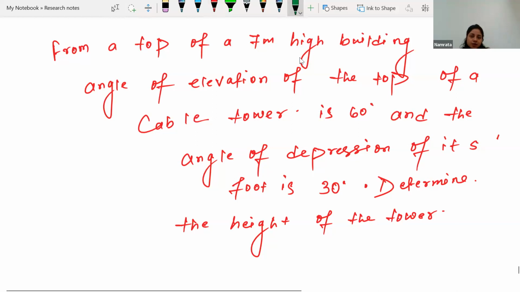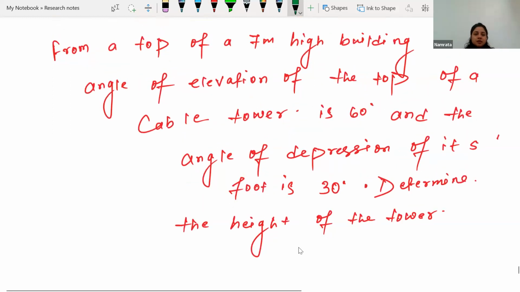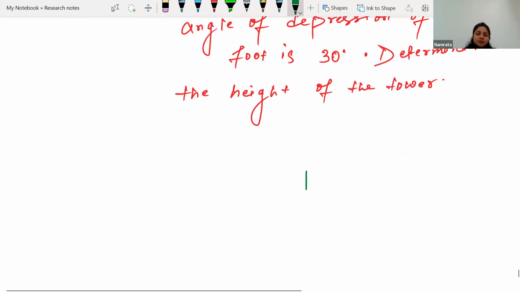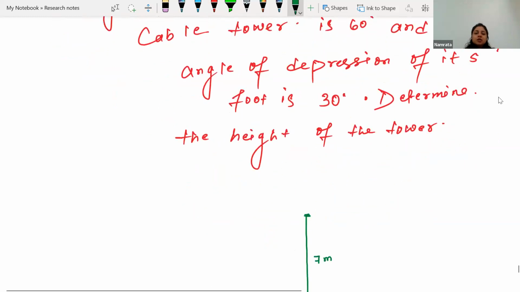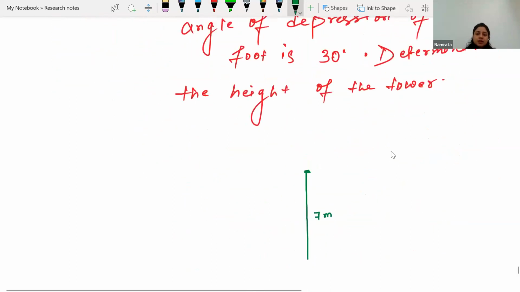Okay. So from the top of a 7-meter high building, if we are having a 7-meter high building like this, from the top of it, the angle of elevation of the top of a cable tower. Now there is a cable tower also, like this.